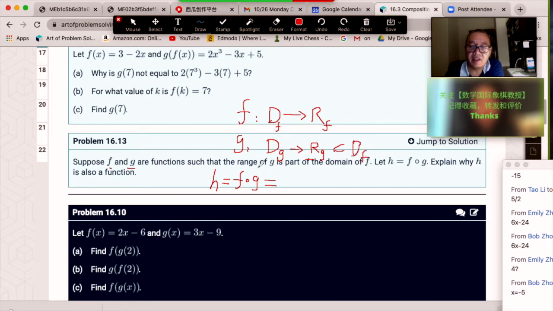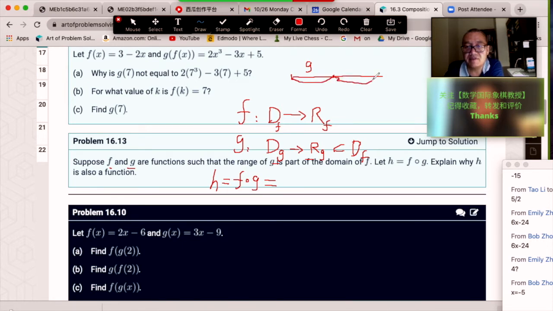So that means here, when we go from the Dg, the domain of function g, to the range of g, this range of g also belongs to the domain of f. So then from the domain of f to the range of f, like, we have two players. The first one is g. g is from here to here.